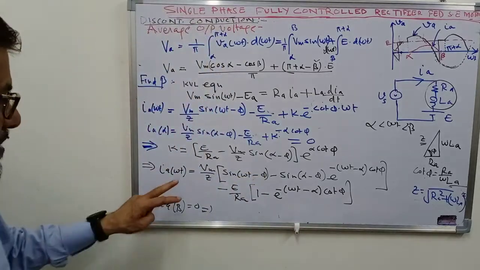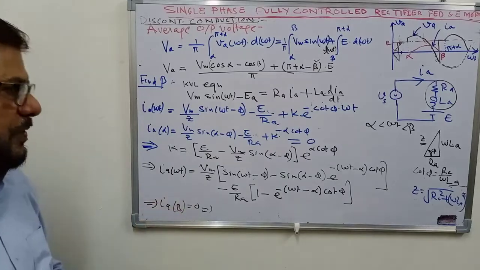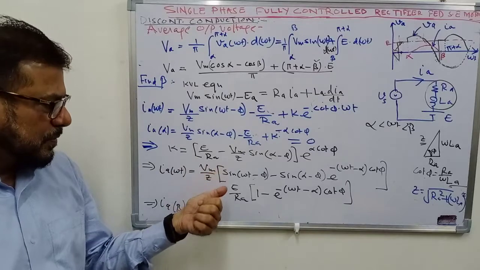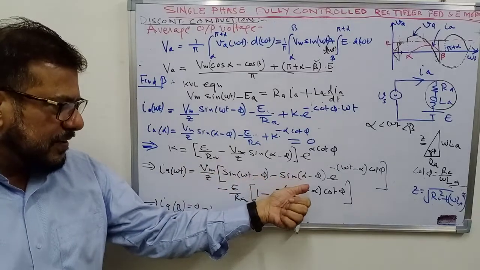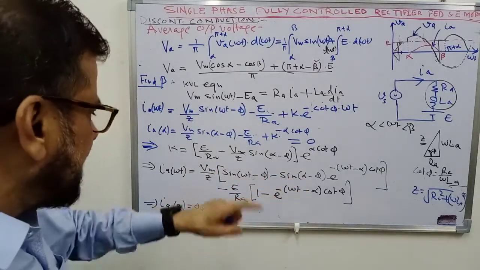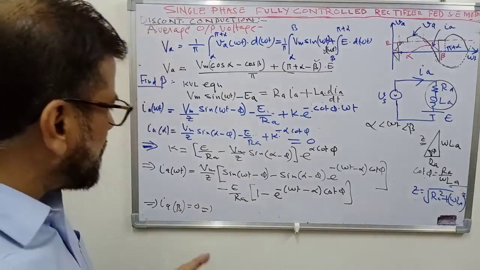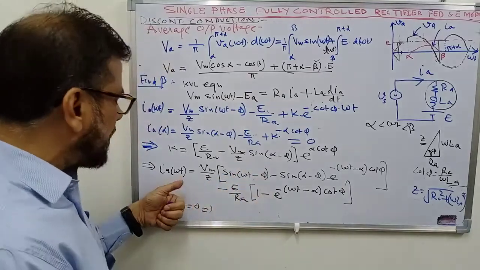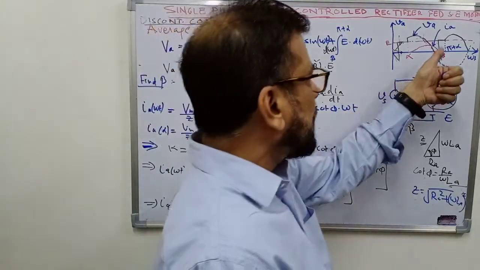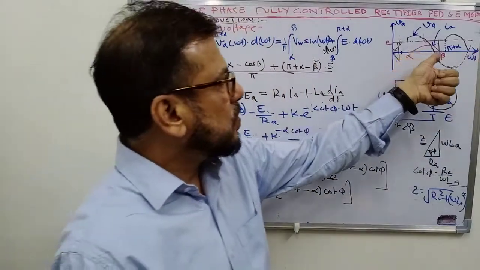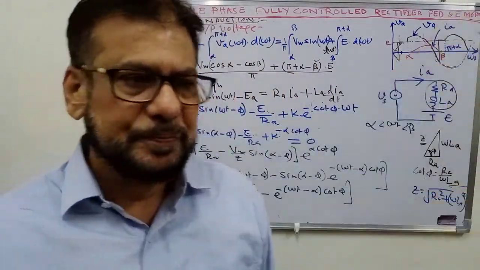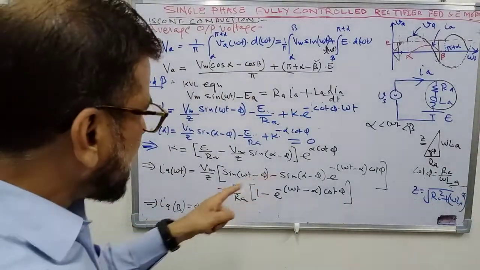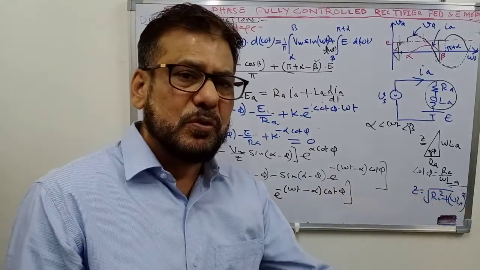So now the equation is known to you, and if you take any particular problem, the voltage is known, impedance is known, phi is known, alpha is known, Z is known, Ra is known, everything is known, and you can find the value of beta, applying the boundary condition that at omega t equal to beta, current again falls to 0. So to find out the value of beta, you just put omega t equal to beta and equate the equation to 0.